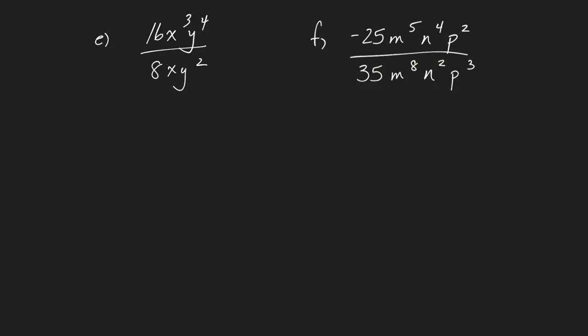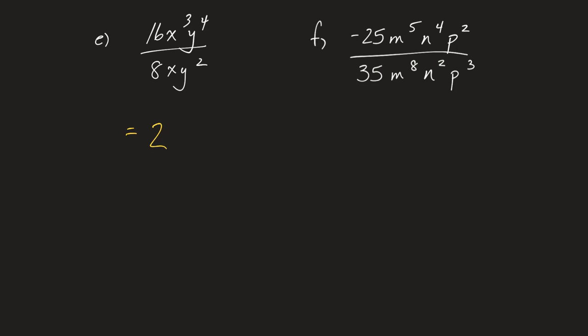Okay, we're back. So I'm hoping that we had a relatively easy time working through E. I would throw E in as the easy to middle of the road expression. We take a look at our coefficients and we can divide 16 by 8. That gives me 2. Now I deal with my variables.